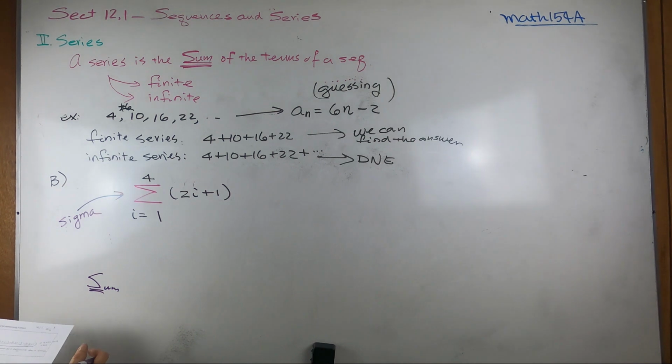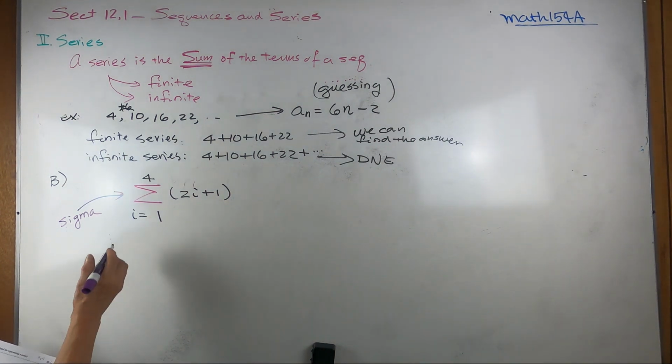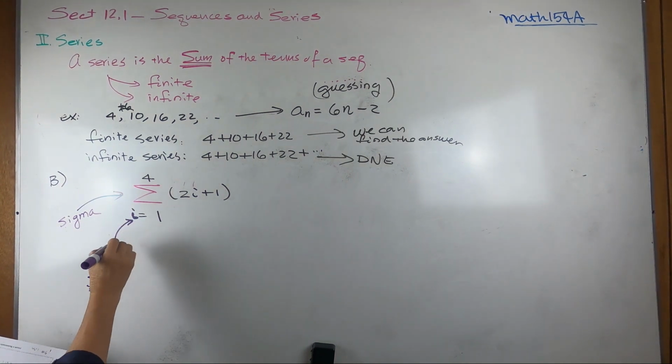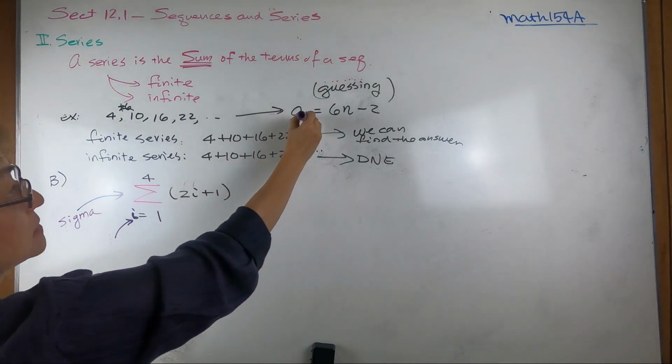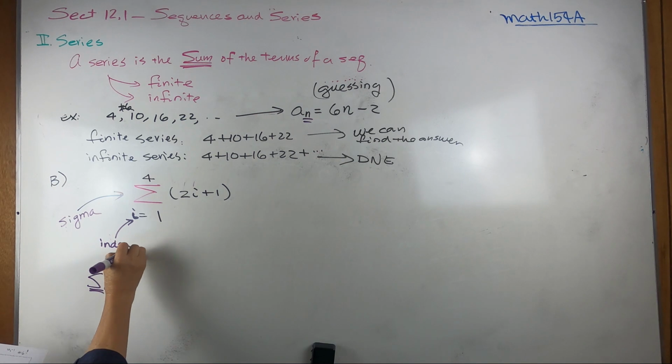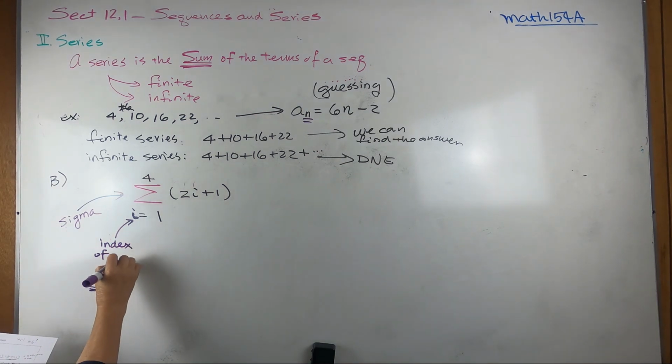And what else do we have? Okay, we have i here. i means what? Like your n here. It's your index. That one is the index of summation.